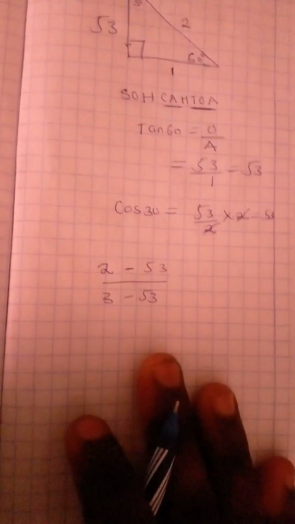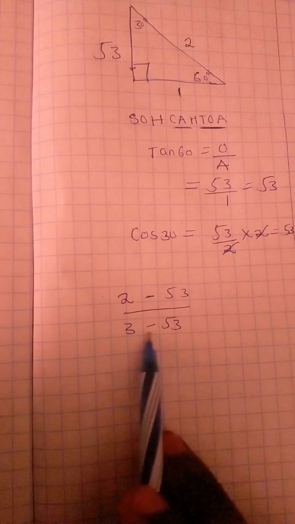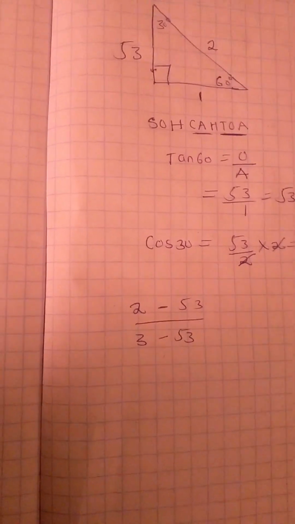Now that you have rewritten your question, the other part is that we are told to rationalize the denominator. How can we rationalize the denominator here? We use the conjugate method.